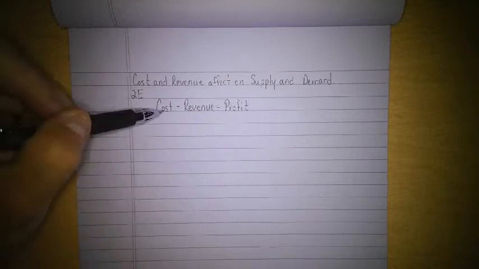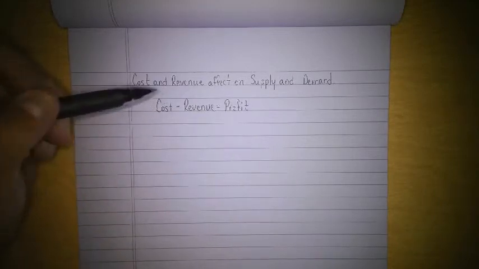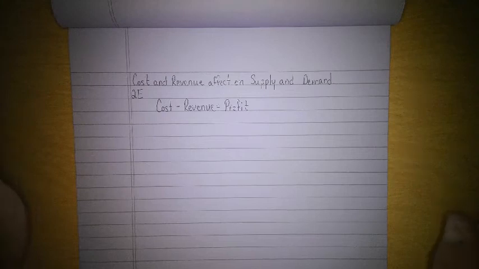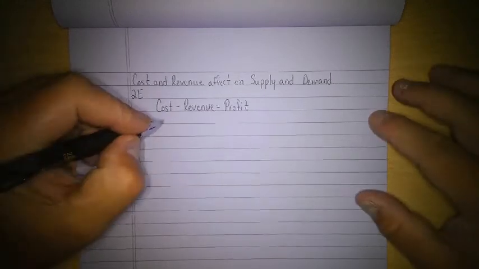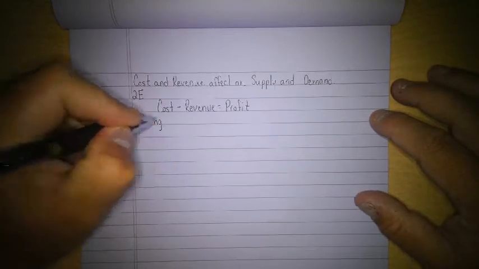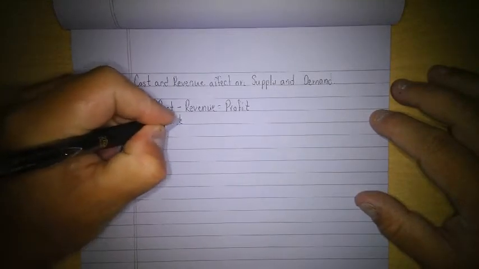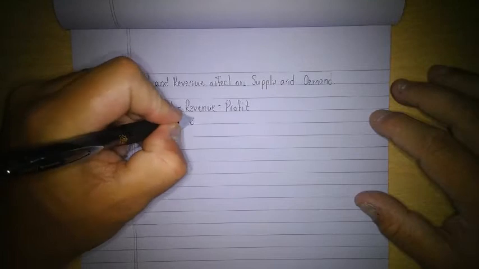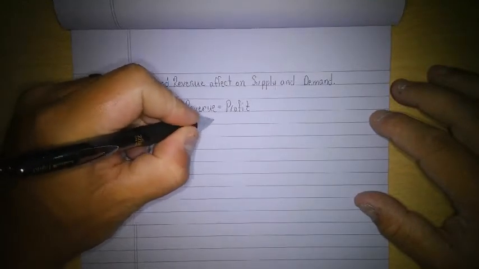You guys understand that? So underneath where you put cost minus revenue, put down that rising costs lead to decreased profits. Okay? Or just put rising cost equals decreased profits.